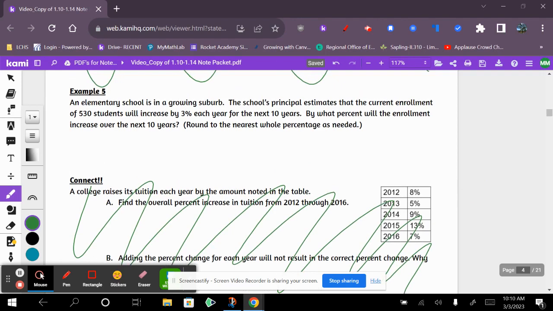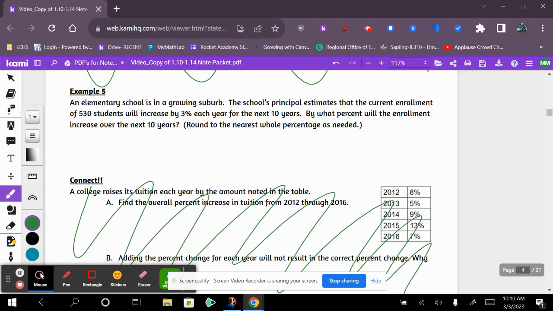This says an elementary school is in a growing suburb. The school's principal estimates that the current enrollment of 530 students will increase by 3% each year for the next 10 years. By what percent will the enrollment increase over the next 10 years? Round to the nearest whole percentage as needed.